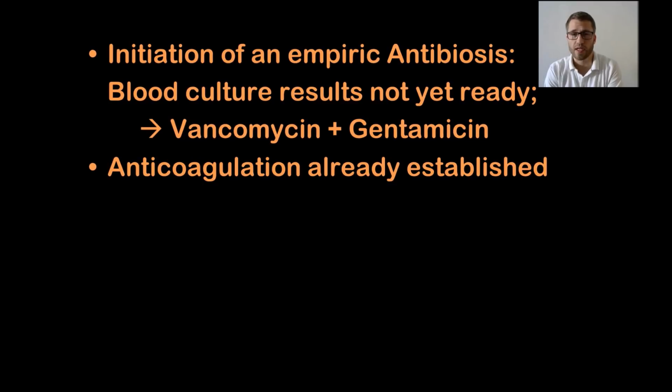Because it was not clear what the origin was, a thrombus or a vegetation, the colleagues in the emergency department already established anticoagulation, and I think that was absolutely understandable and okay, because at that state of the diagnosis everything was possible. We also continued the anticoagulation because we could not confirm our suspicion of a bacterial vegetation at this point.